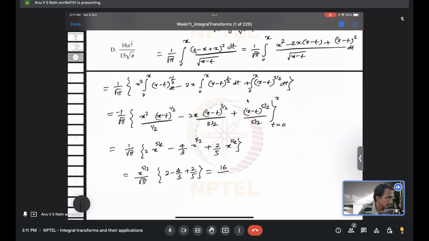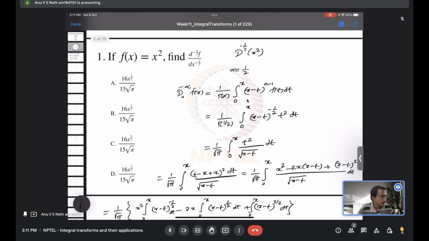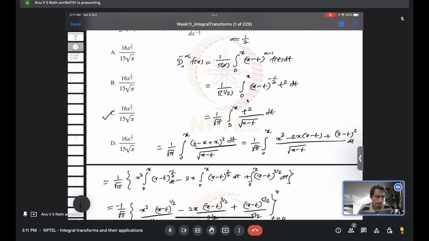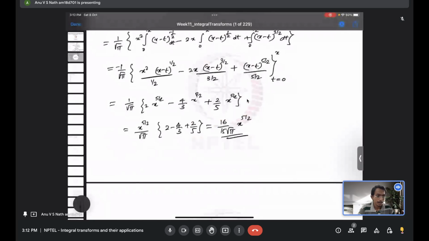So it's 16 by 15 root pi times x raised to 5 over 2. So if you check the options, we have option C as the answer. Every option is identical, the coefficient in front of x raised to the power is the same, 16 by 15 root pi, just that the exponent of x was changing in all the options. It's not the options but the final answer that matters. Yeah, so we got the answer.